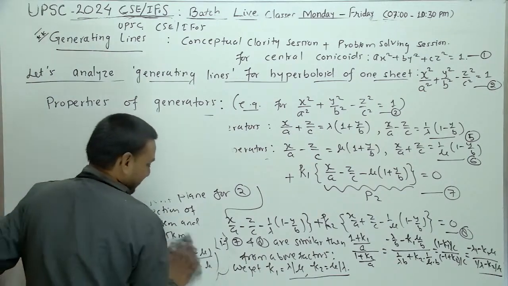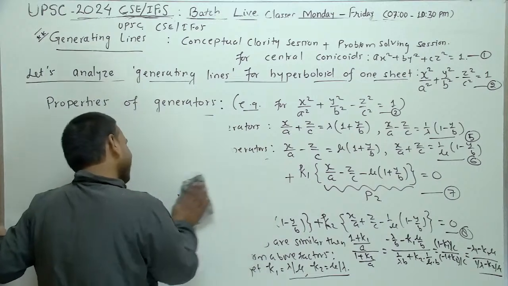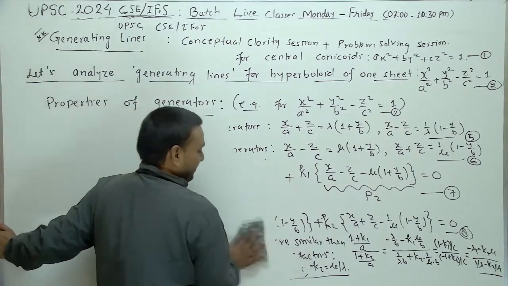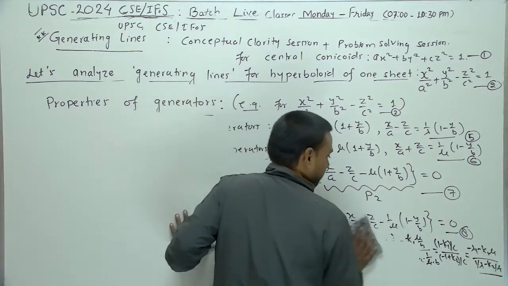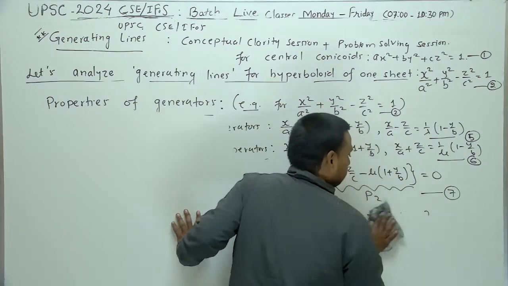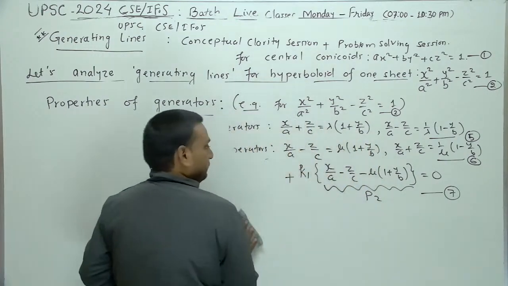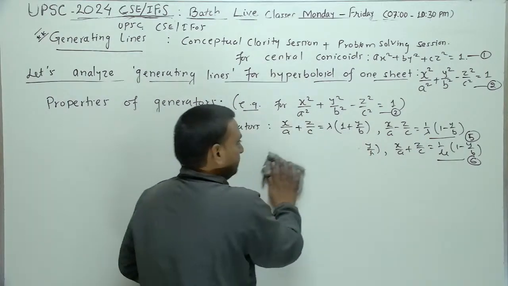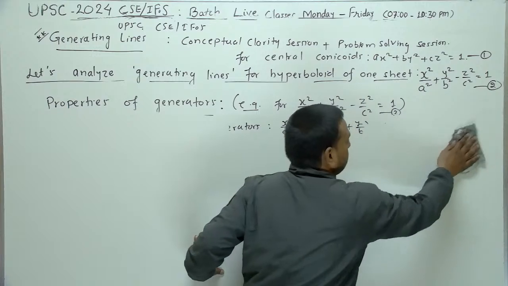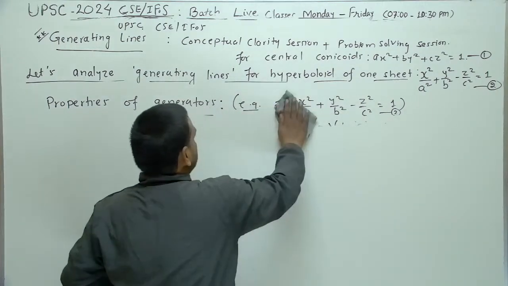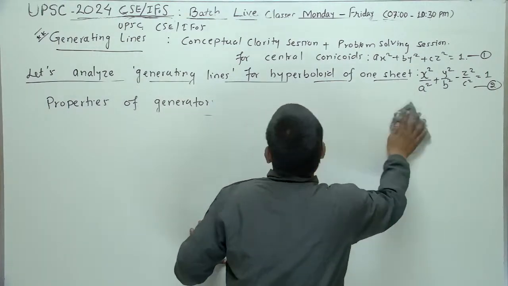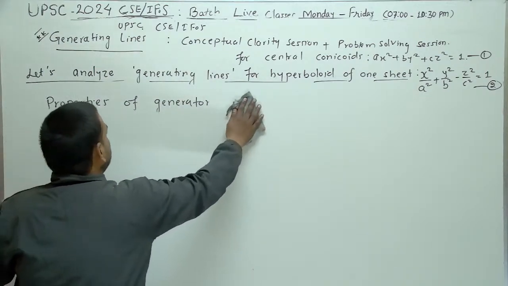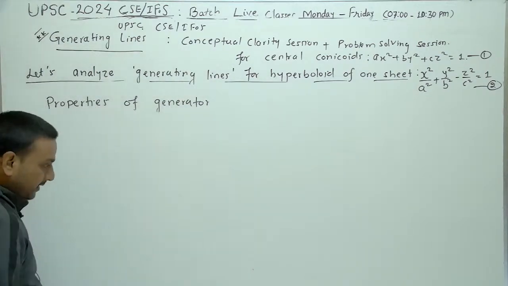Just थोड़ा सा पेशेंस. जनरेटिंग लाइंस का ऐसा बाजा बजेगा आज, दोबारा कुछ बचेगा नहीं उसमें. प्रॉपर्टीज ही कर रहे हैं अभी, तो प्रॉपर्टी 4 पर जा रहे हैं हम लोग.